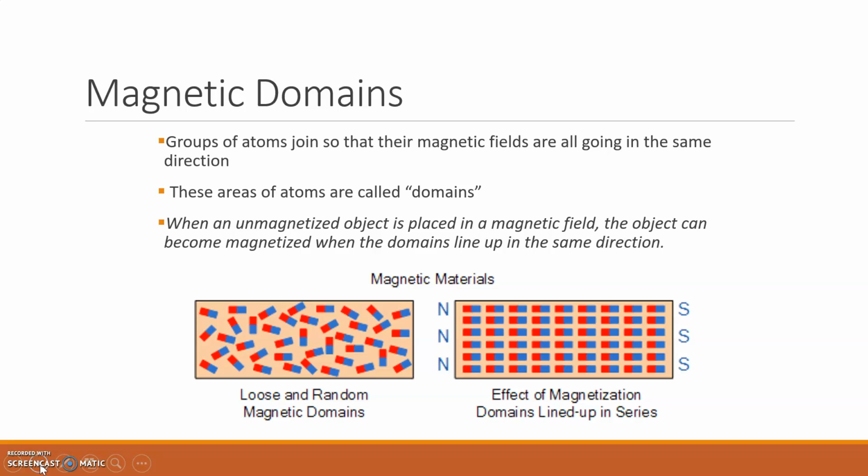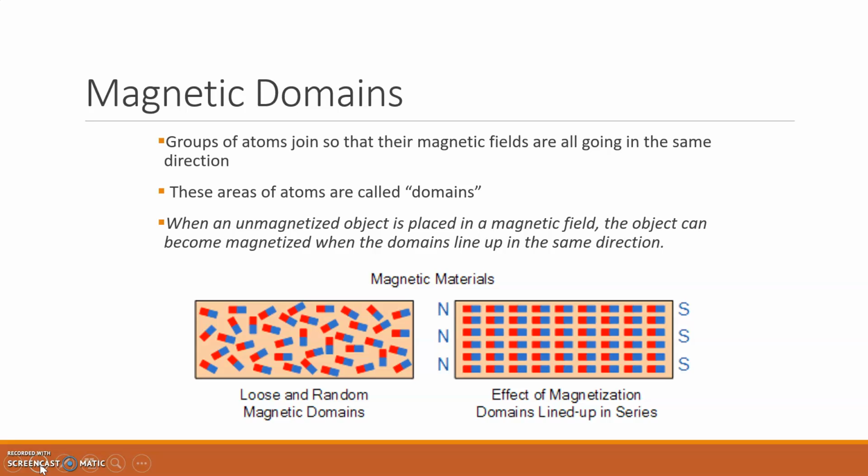Inside a magnet, we have magnetic domains, and these are groups of atoms that are going in the same direction, and we call these domains. When an unmagnetized object is placed in a magnetic field, that object can then become magnetized because its domains line up.